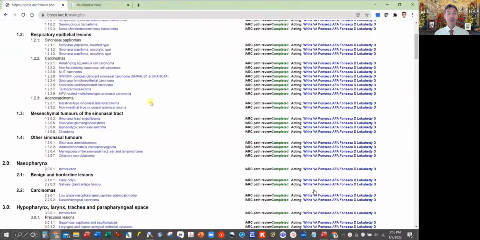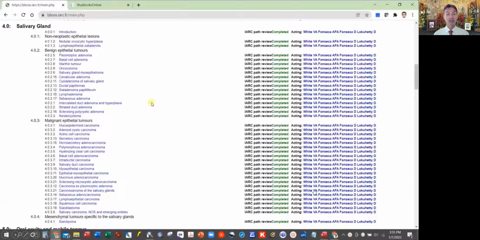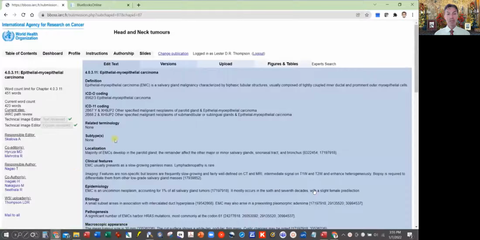And then, of course, as you look through this, the nasal cavity, nasopharynx, salivary gland lesions are all included. I'm just going to talk about salivary gland at this particular point because that is what we're discussing at this moment. Let's talk about something like epithelial-myoepithelial carcinoma. The lesion is given a word limit. You can see that we've reached it. There are a number of responsible editors and authors, and then imaging.